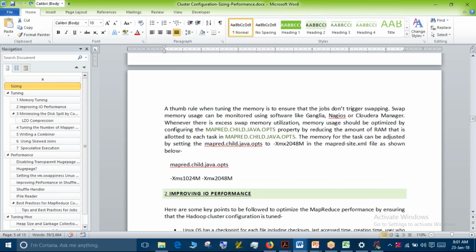Now, performance tuning, sizing, performance, and the configuration of your cluster.